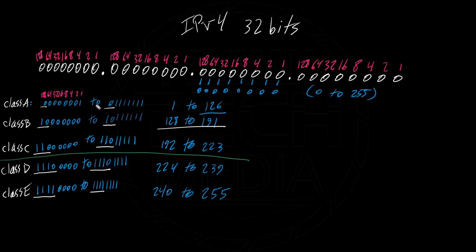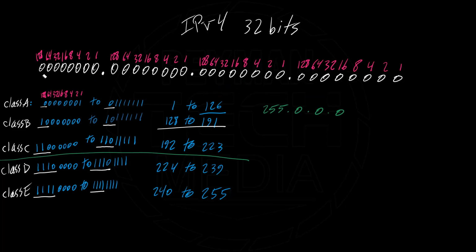The default subnet mask for class A is 255.0.0.0. That's default subnet mask for class A. What does this mean? Means that in the first octet, class A, all the 8 bits are turned on.